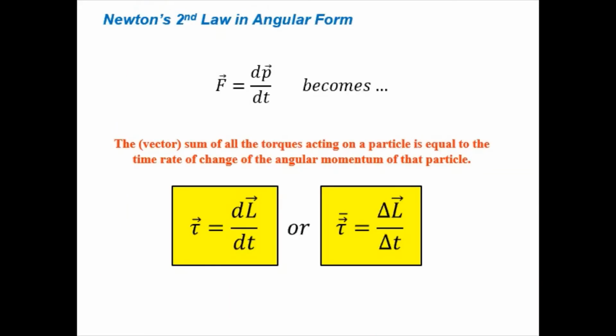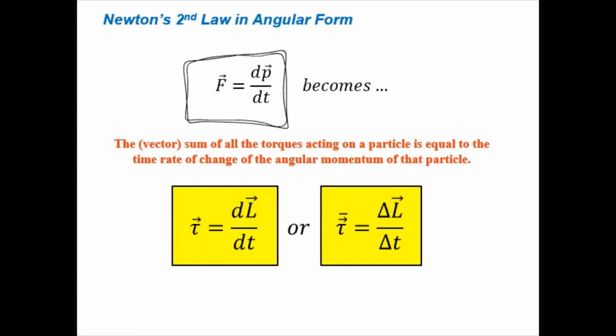Continuing with our theme that for every relationship or every equation we had earlier in the course, we could rewrite it for angular or rotational systems. We talked about Newton's second law, originally written by Isaac Newton as the force being equal to the time rate of change of the momentum, right? F equals dp dt.